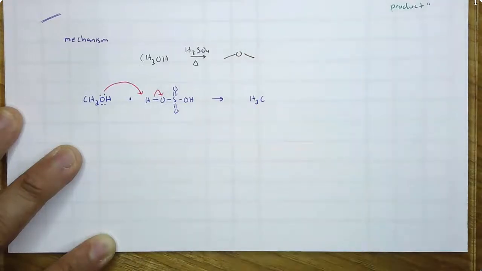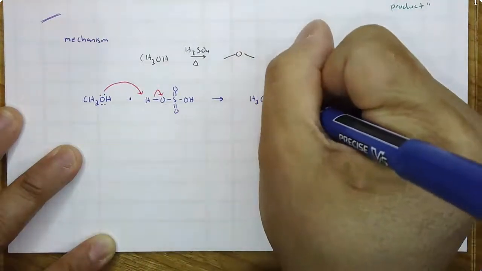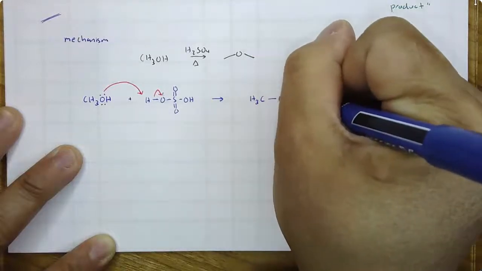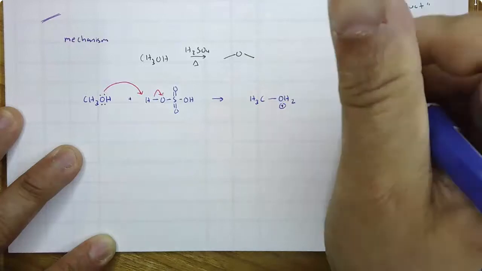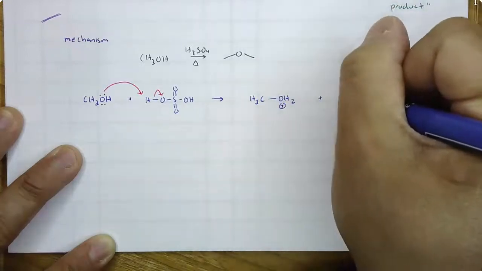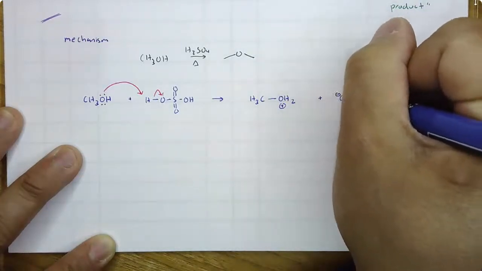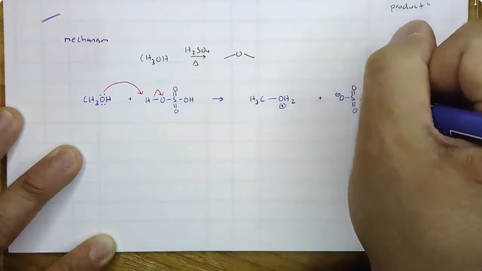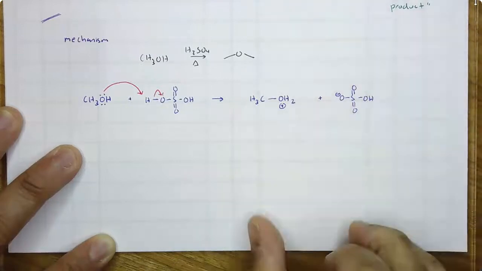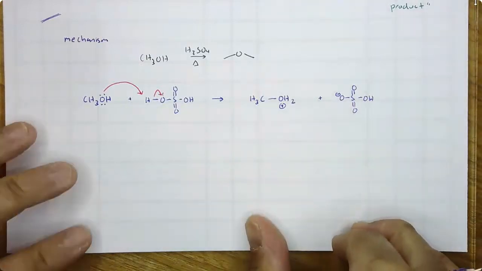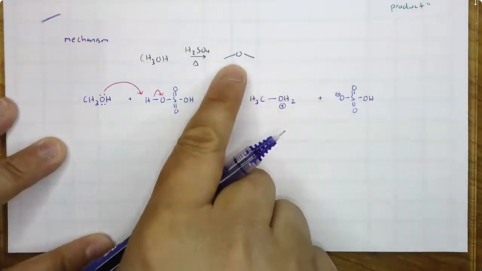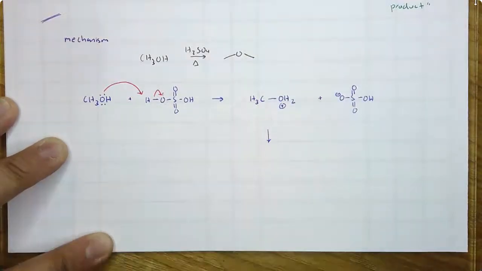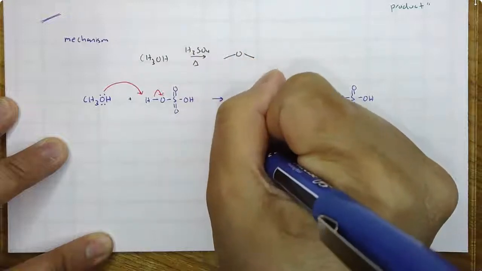I know I'm going to kick out water via an SN2 reaction, so I am going to draw this bond. Positive, plus. Okay, what's next? Well, keep an eye on what product we need to make. It's very uncrowded. It's very easy to attack.